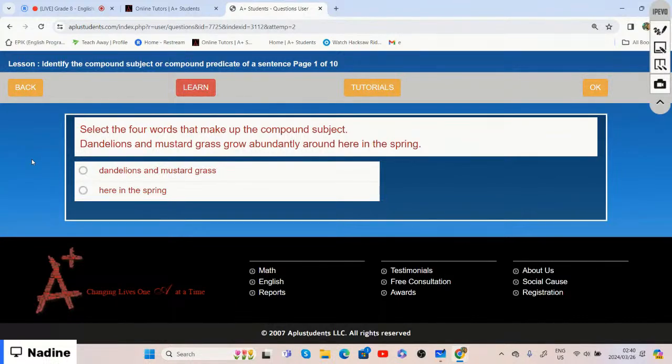So dandelions and mustard grass grow abundantly around here in the spring. Is it dandelions and mustard grass, or is it here in the spring? We need to select the correct compound subject.